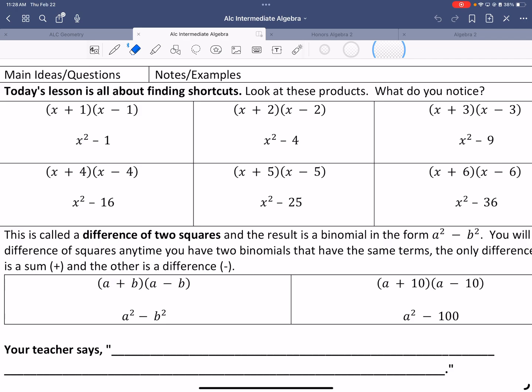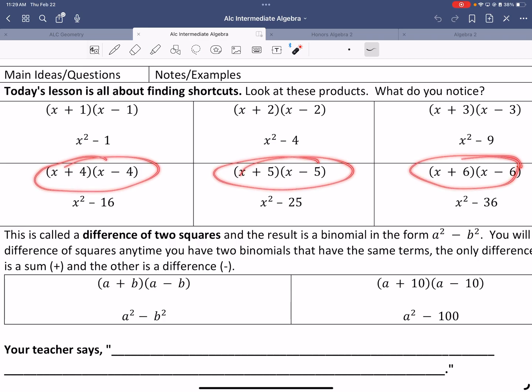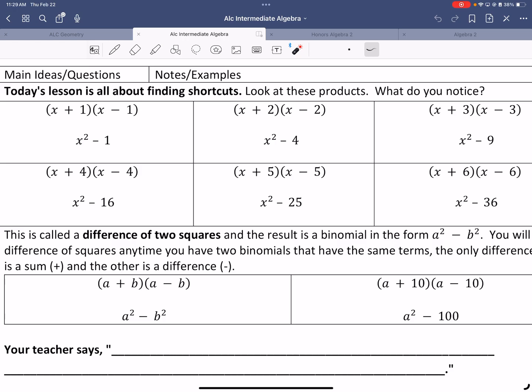If we take x plus 2 and x minus 2, the result would be x squared minus 4. And so on and so forth. X plus 3, x minus 3: the result is x squared minus 9. Plus 4 minus 4, plus 5 minus 5, plus 6 minus 6. What do you notice in here?